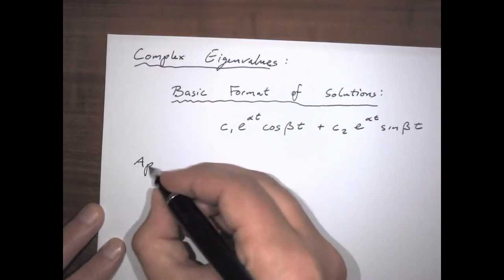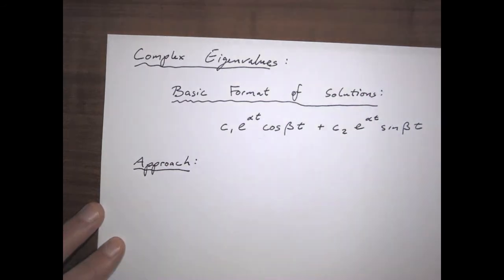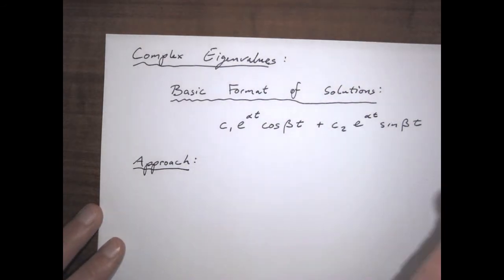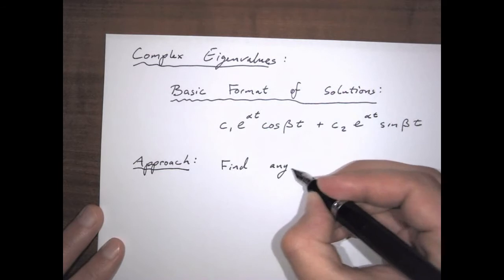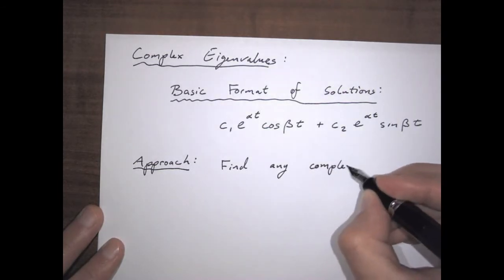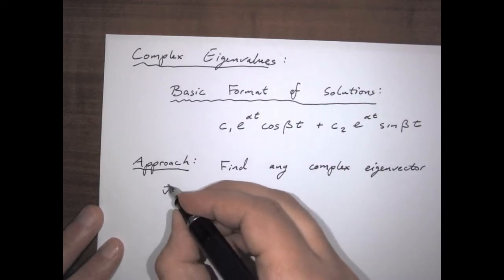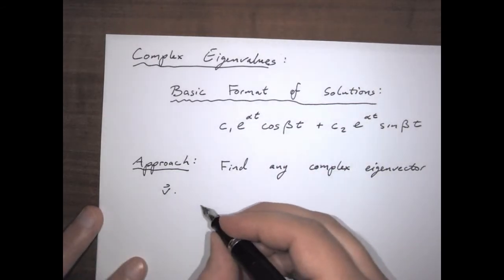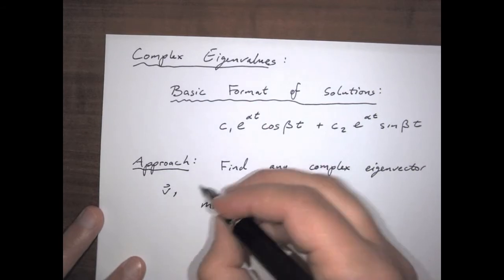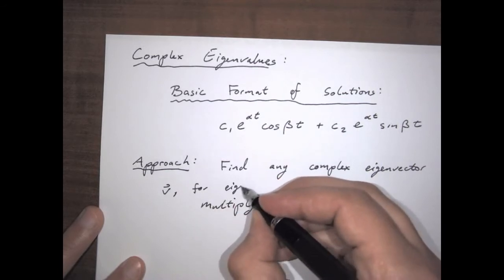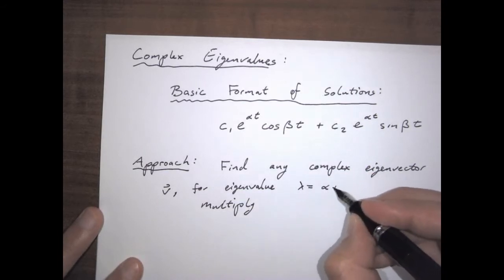So the approach is going to be: find any complex eigenvector v for eigenvalue lambda equals alpha plus beta i.